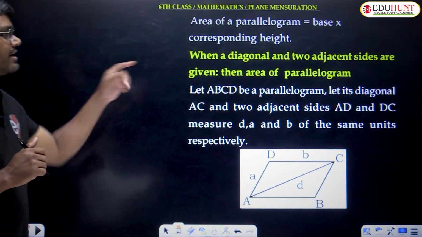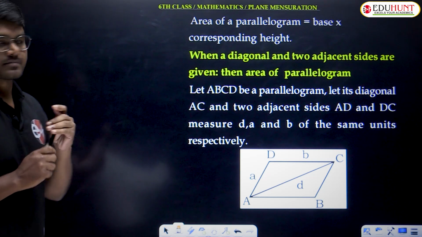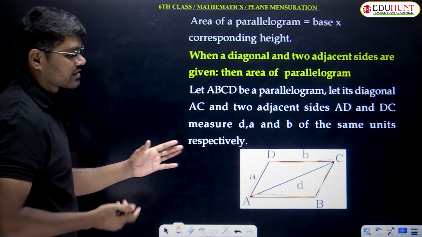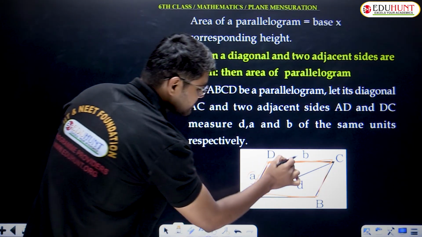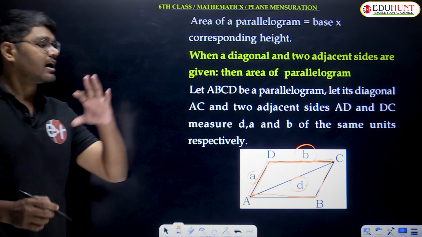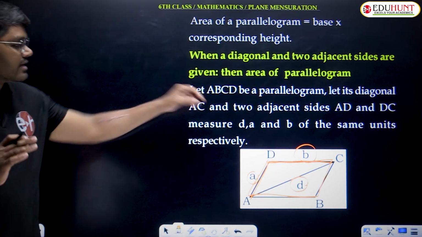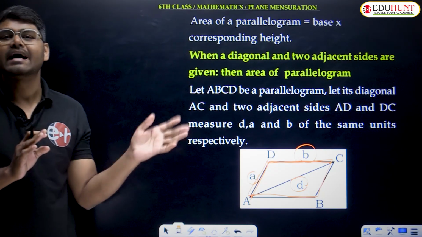Now let's see when a diagonal and two adjacent sides of a parallelogram are given. This is a parallelogram. In this parallelogram, two adjacent sides AD and CD are given, that is A and B. Diagonal D is given. So this is a triangle. Already we have discussed in the previous classes that if three sides of a triangle are given, then we can use Heron's formula.